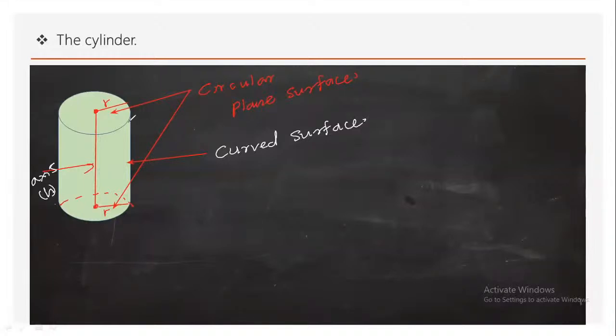Then if I take any point on this circle and draw a straight line parallel to the axis, like this, this is the generator. We can draw a lot of generators like this.